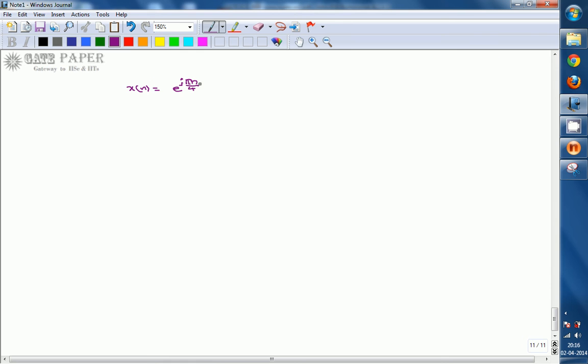Now given h of n and x of n, we need to find the output of the system.